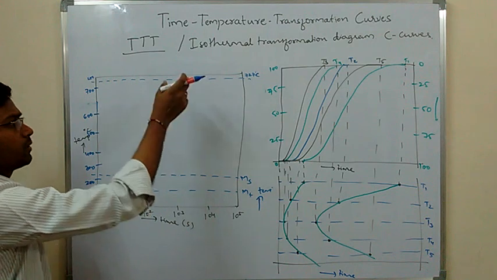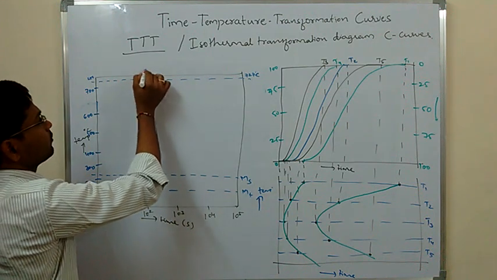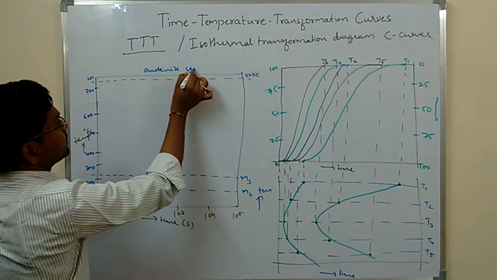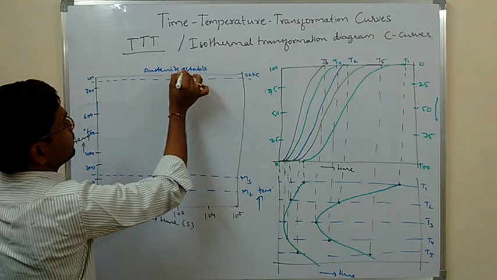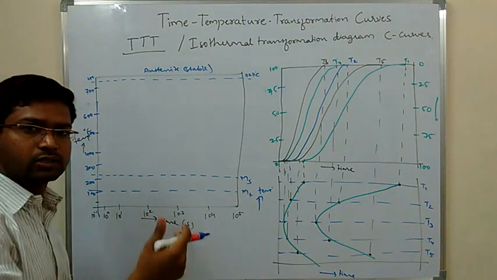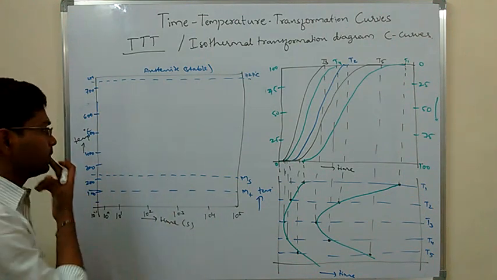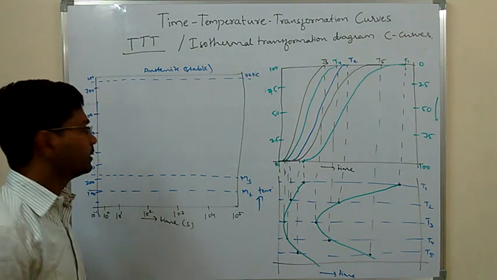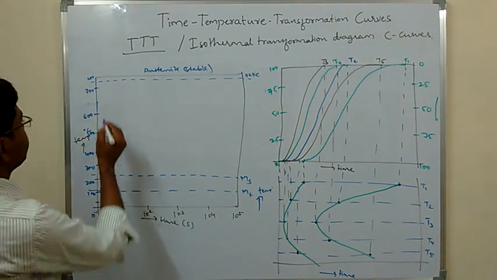Above the eutectoid temperature line, the austenite will be in a stable state. Below the eutectoid temperature line, the austenite will be in an unstable state. As the temperature decreases, the austenite will be in an unstable state.